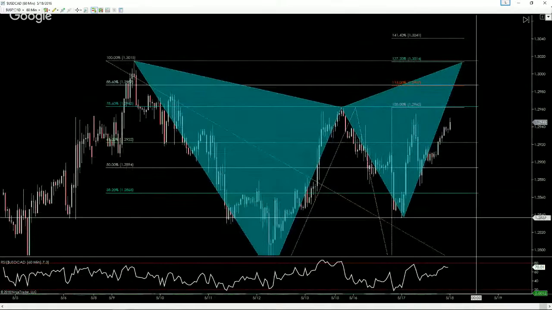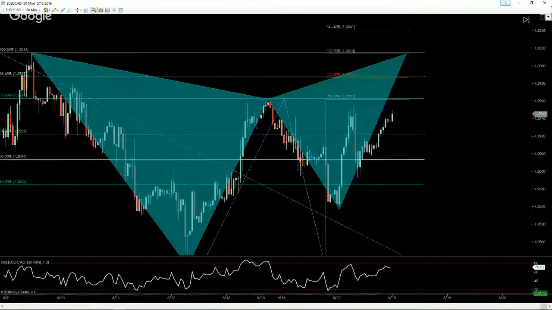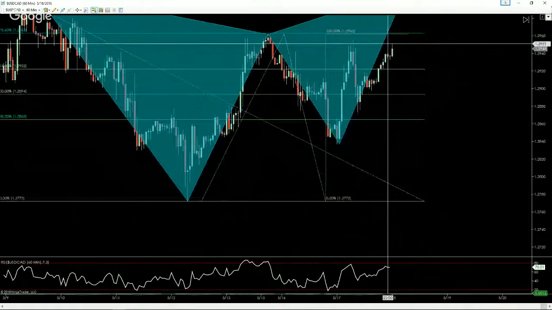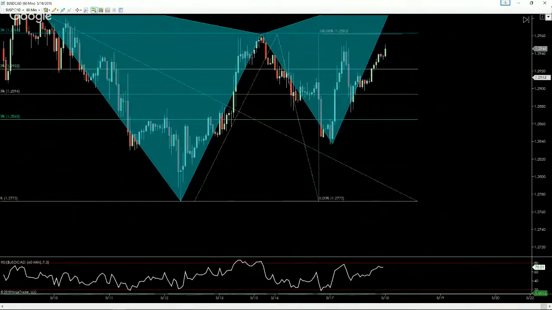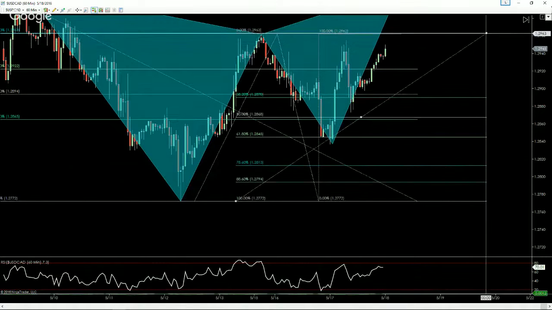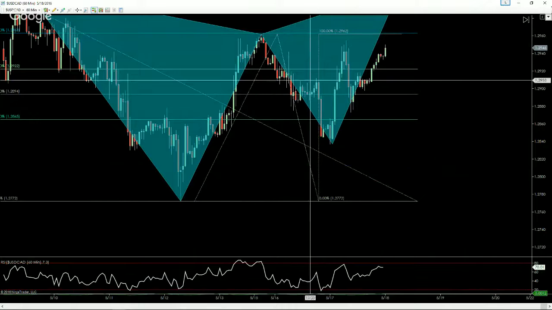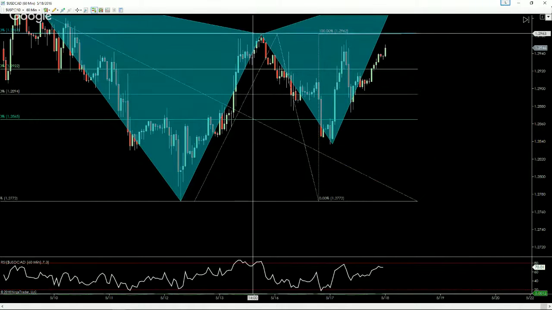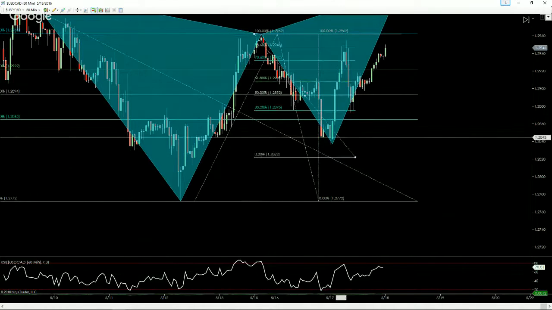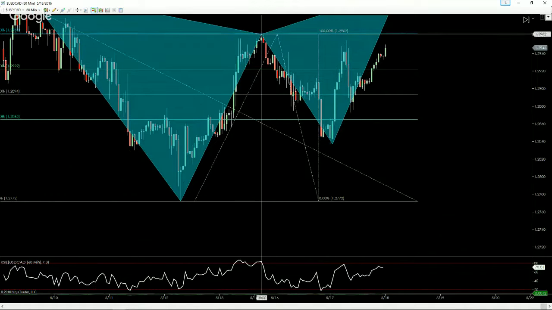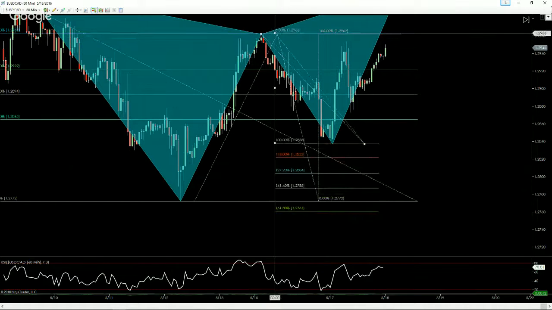There's also another one if you want to bracket the trade. Of course, if price does come back down, I think it's a Gartley as well. Yes, it is.